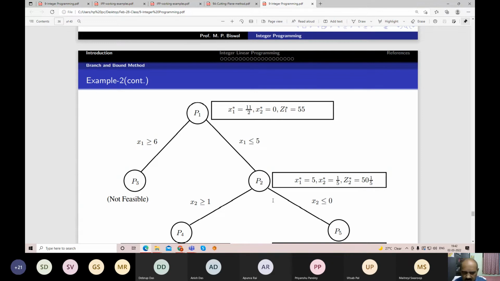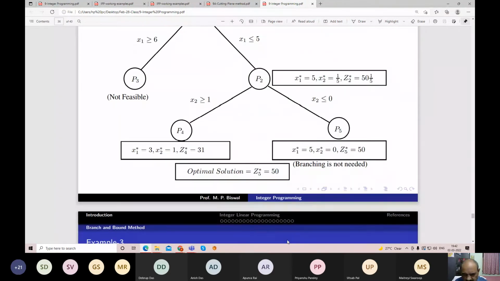So here we have two mutually exclusive constraints: x2 greater than or equal to 1 and x2 less than or equal to 0. Negative is not allowed, it can go up to 0. If you solve, what are you finding? One constraint gives x1 equal to 3, x2 equal to 1 and z equal to 31.